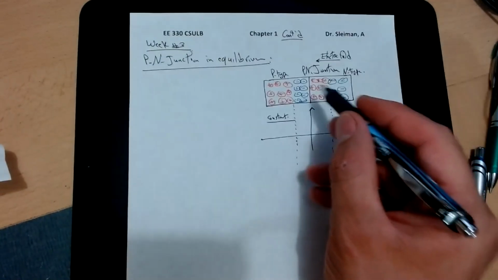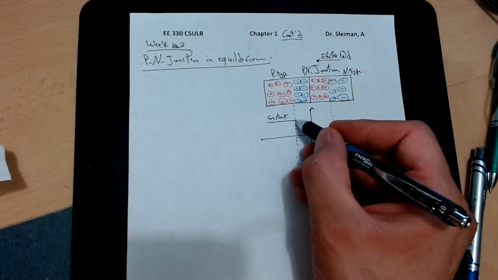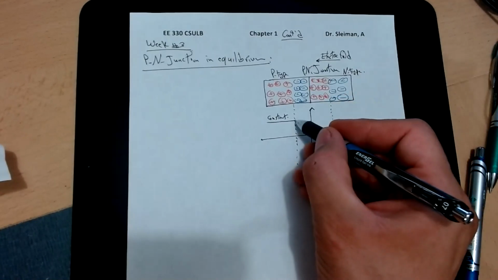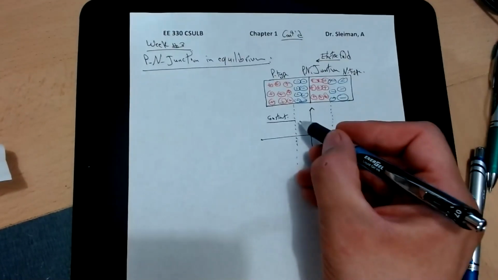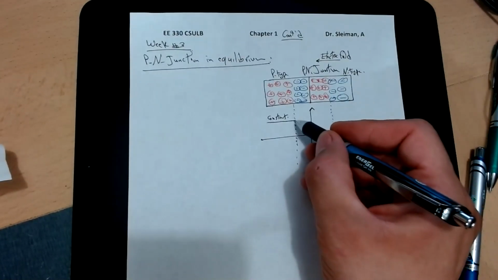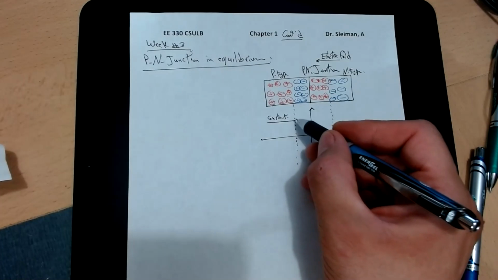Because this region has the negative charge from the n-type, the electric field will go down.